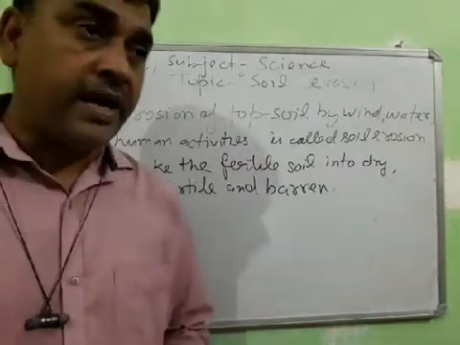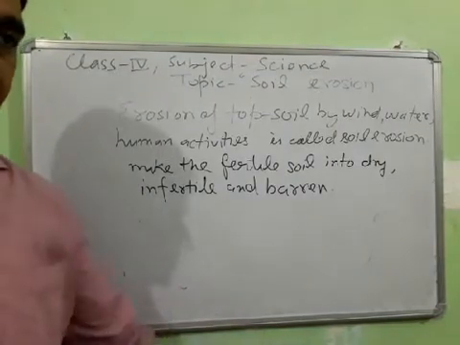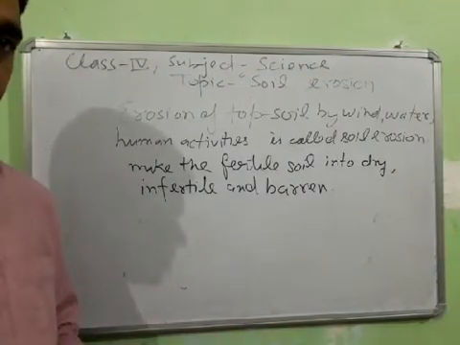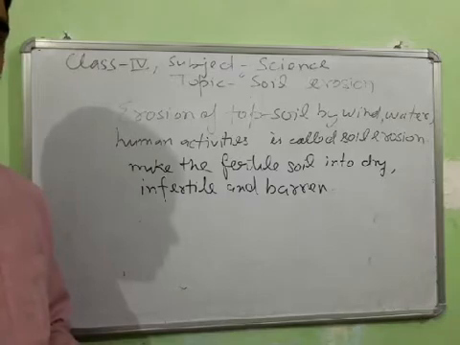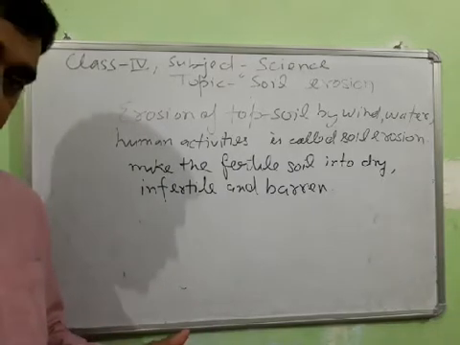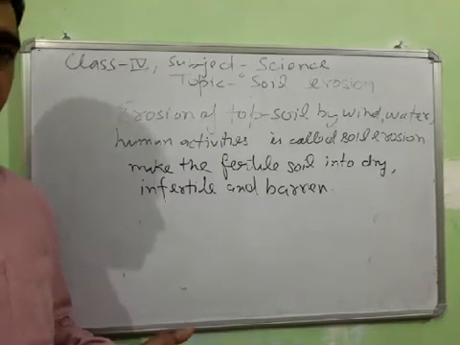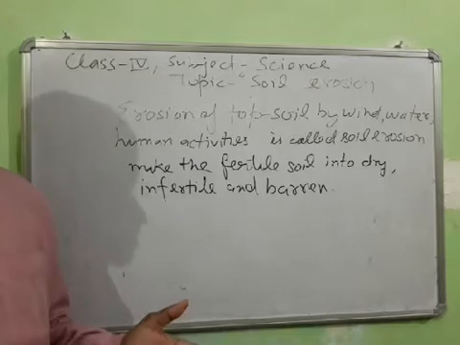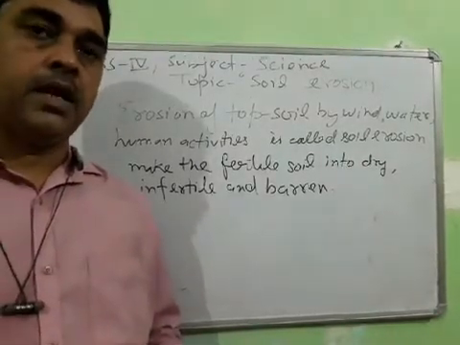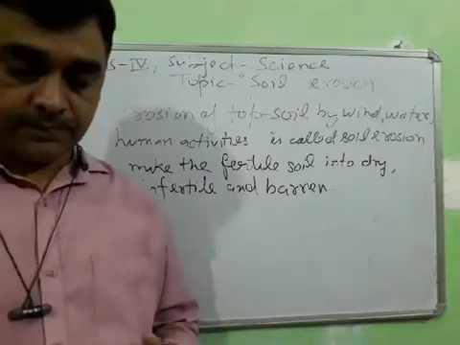It is conserved by various methods. Suppose planting more trees, planting small grasses and making dams and embankments on the rivers. So these are some important activities by which we can prevent soil erosion.